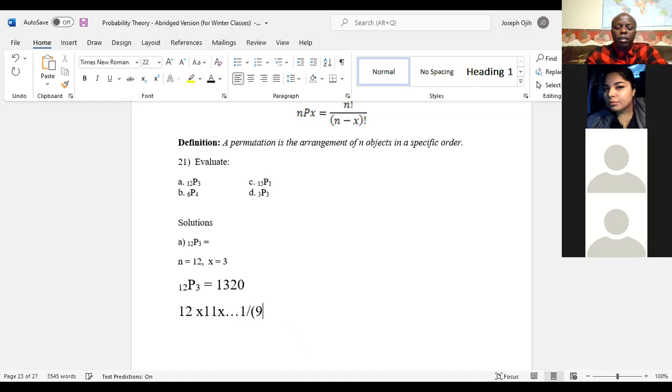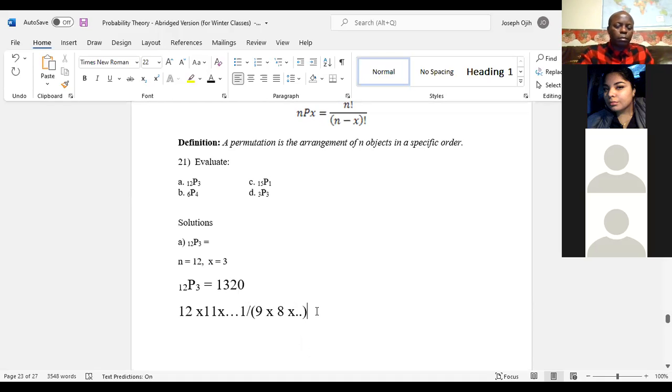So we have 9 times 8 times all the way to the last one. That will give you the answer. Yes, that takes a longer time, so I encourage you to use the calculator. If you are doing algebra, I can say go and start working this, but you're in statistics, so get it with the calculator.